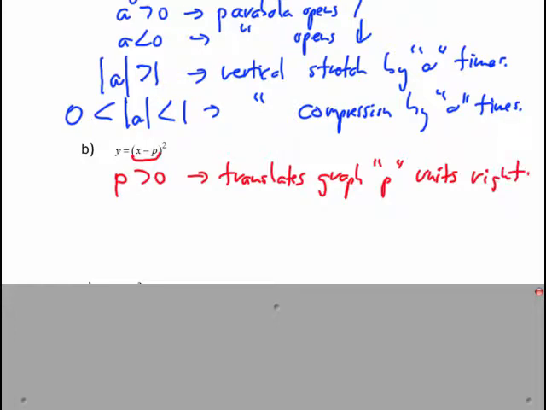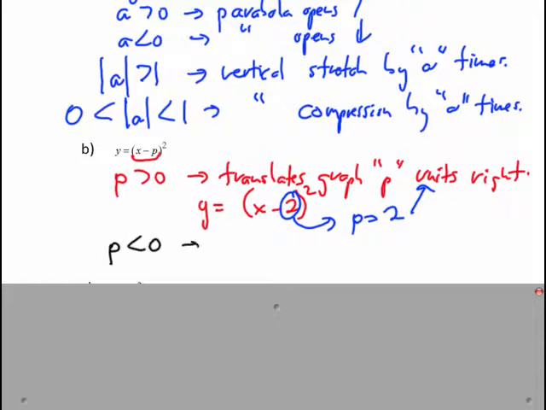And just to make this clear, because this is a little bit confusing sometimes for people, if I write x minus 2 squared, what I'm saying is that p is 2, which is a shift 2 to the right. If p is negative, then I'm translating the graph p units left.